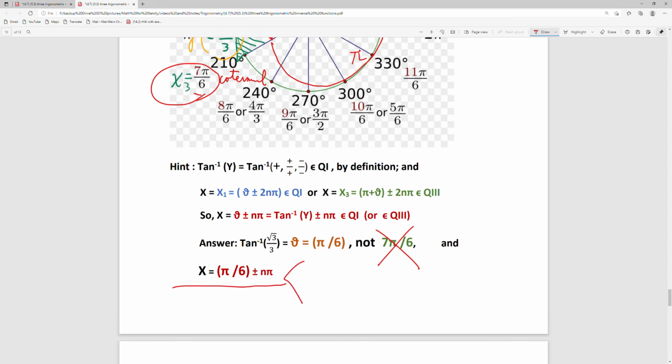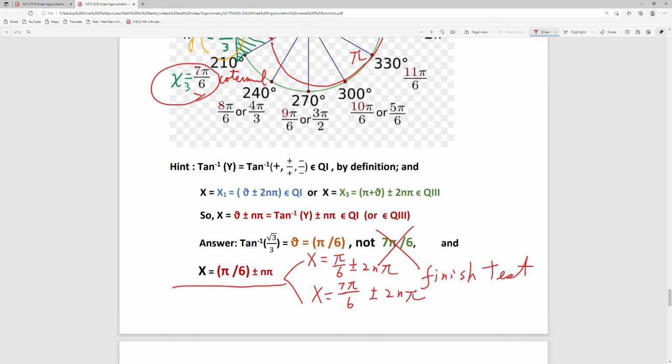You say, teacher, can I still write down two groups? I won't say these two groups are wrong, but you have not finished yet. You have not finished your test yet.